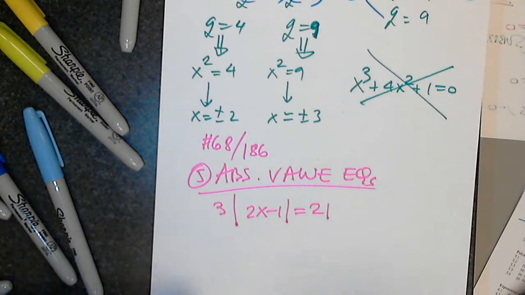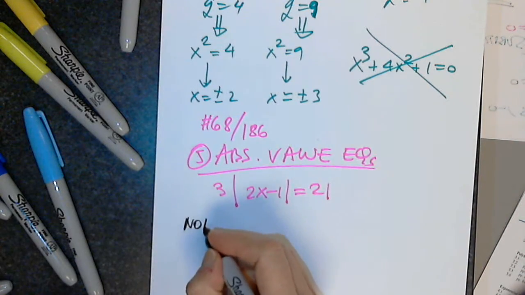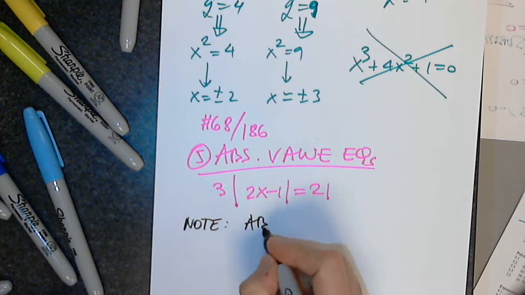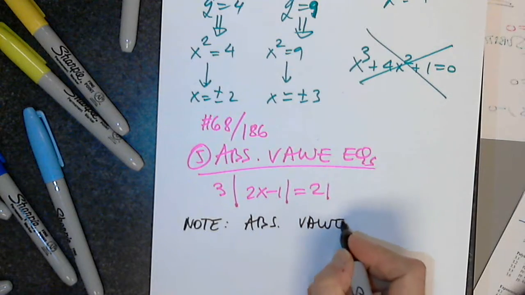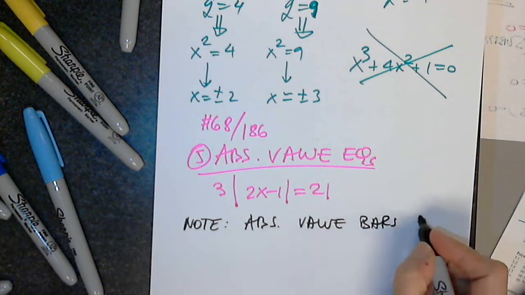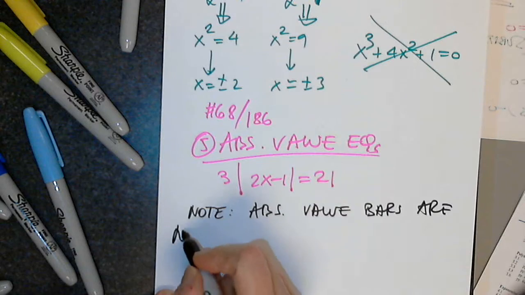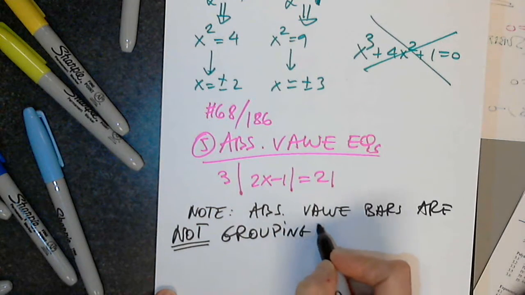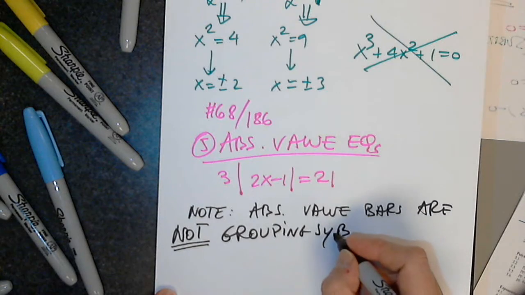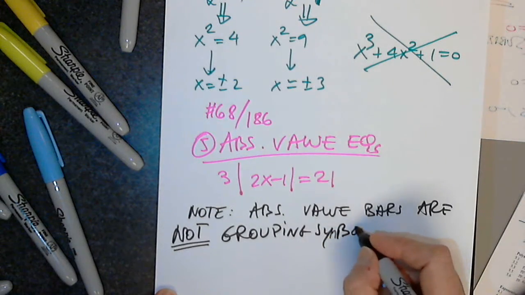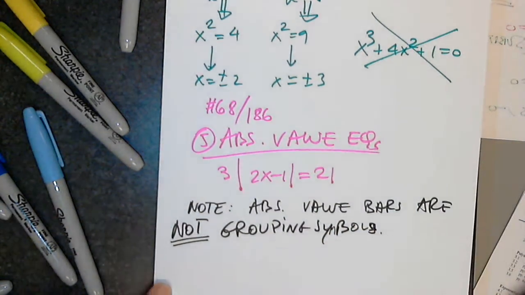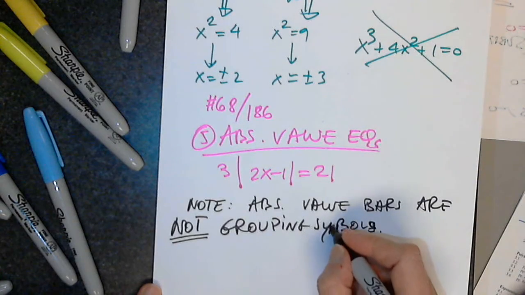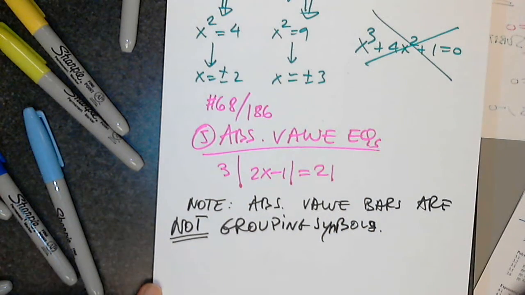I want to write a note to make sure that everything is clear. Note. Absolute value bars are not grouping symbols. They are not grouping symbols.